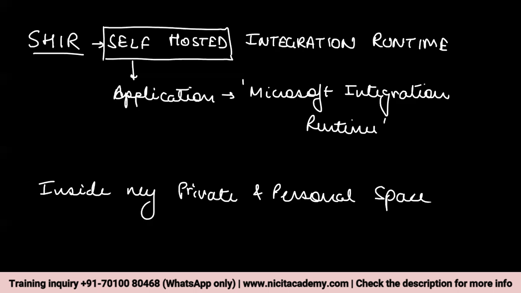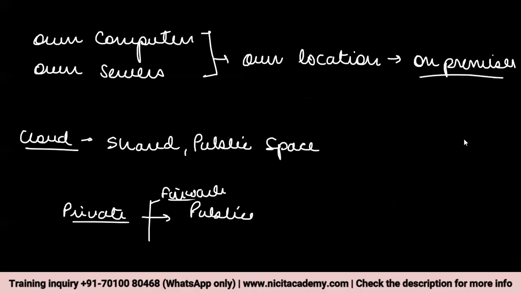How does it do it? So you might be wondering, if my office firewall blocks all the incoming traffic, how can Azure Data Factory talk to the self-hosted integration runtime? What we are trying to achieve here is this: this is your home, this is your machine. On this machine, I'm going to install this SHIR. This is the cloud.